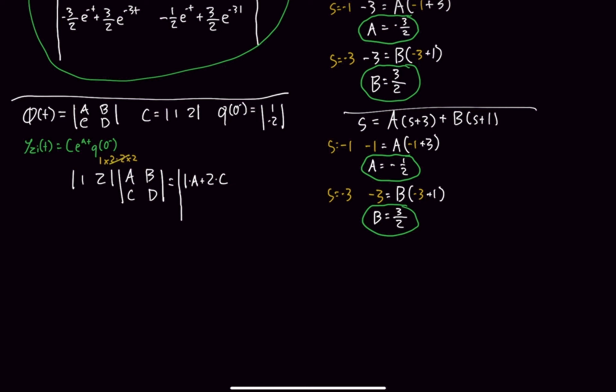These two are the same. We'll be left with a 1 by 2 matrix. So now we do B and D. So 1 times B plus 2 times D.